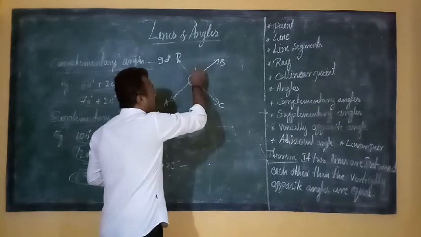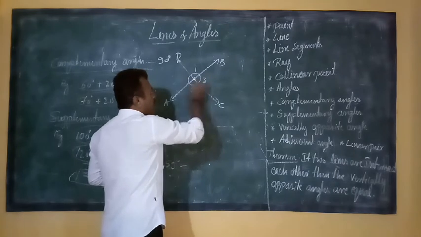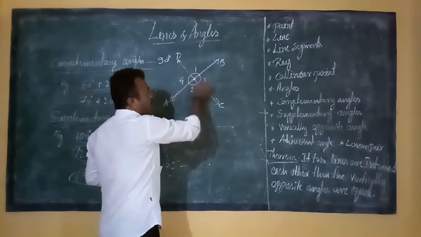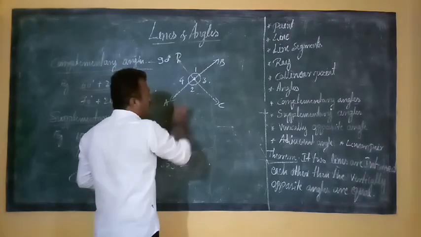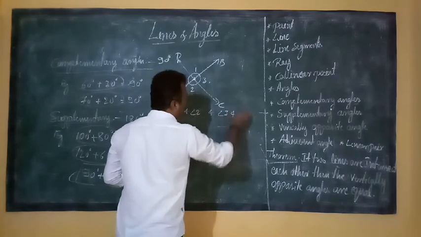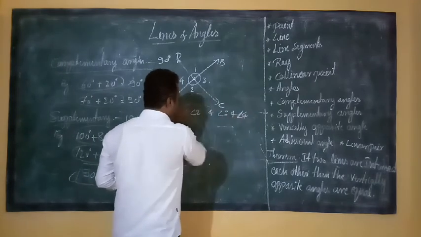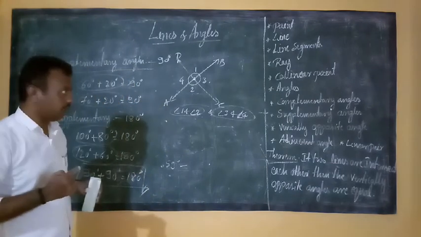See there, angle 1 and angle 2 are opposite. Angle 3 and angle 4 are also opposite angles. Understand? So here angle 1 and angle 2, and angle 3 and angle 4, these two pairs are the vertically opposite angles.